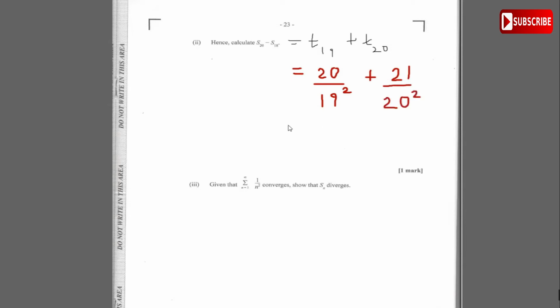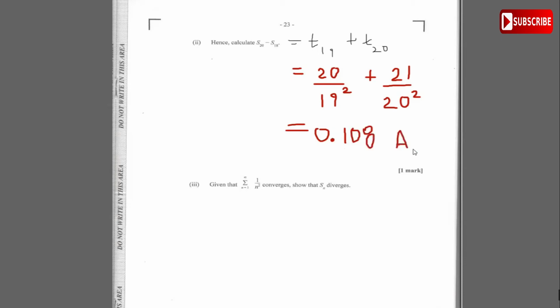You add those: 20 divided by 19 squared plus 21 divided by 20 squared, and I get 0.108. That's what I'm getting. Nice and easy, soft.